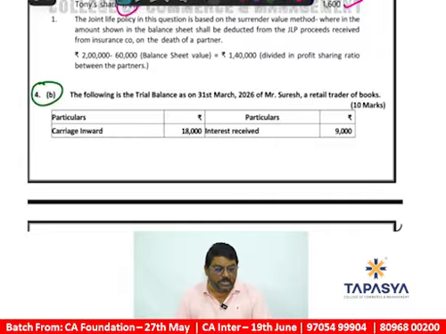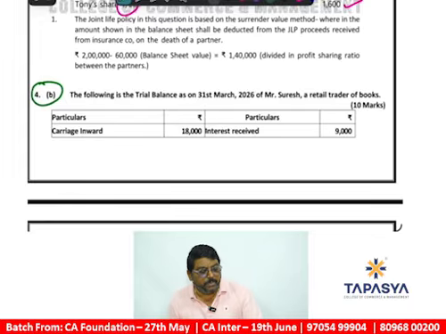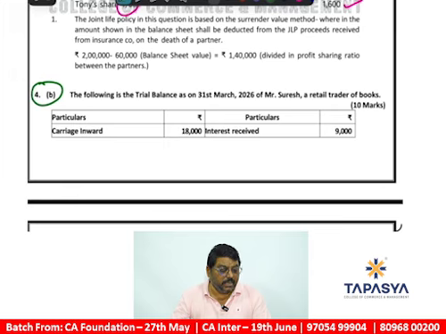Return inward means sales return, minus from sales. Purchases, trading account debit. Salaries, P&L debit. Rent, P&L debit. Interest on term loan, P&L debit. Printing and stationery, P&L debit. Sales promotion expenses, P&L debit. General expenses, P&L debit. Discount allowed, P&L debit.